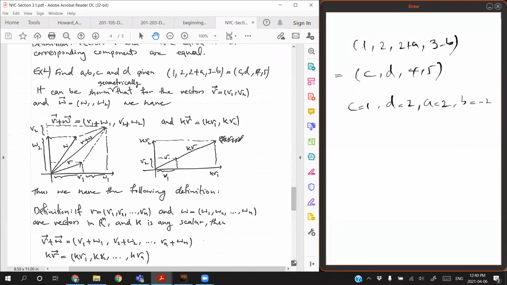Okay, now let's take a look at the definition for how to add up vectors.